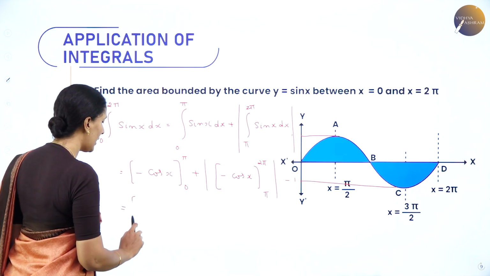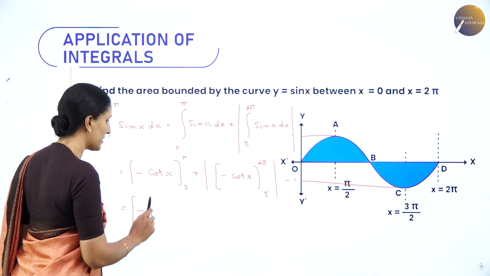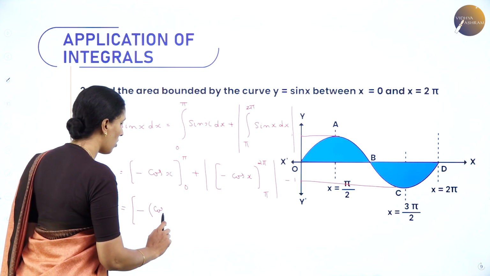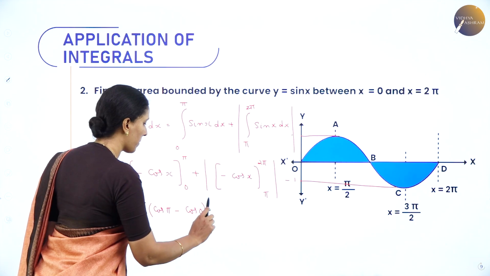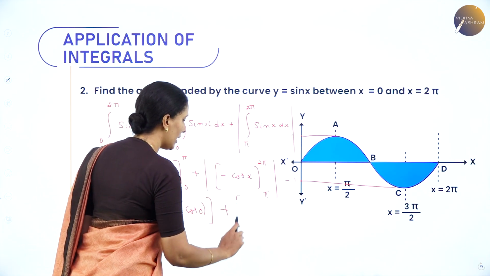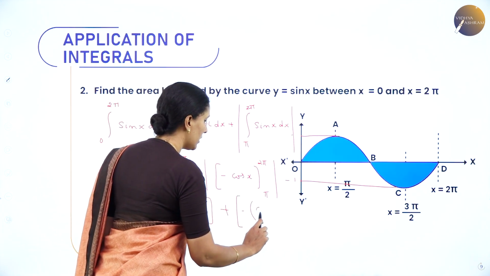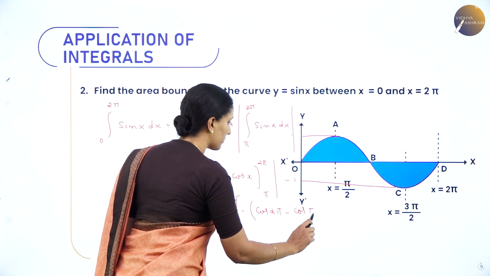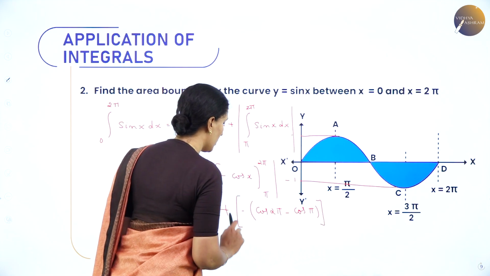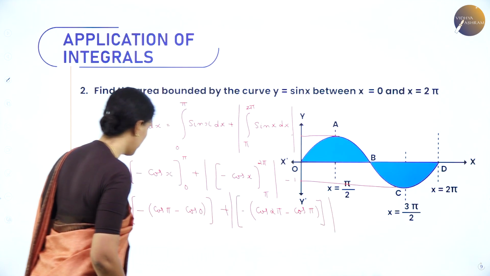If I keep minus outside and apply the limits here, then it is cos pi minus cos 0. And here, again if I keep minus outside, then it is cos 2 pi minus cos pi. So we need to apply the modulus sign here.